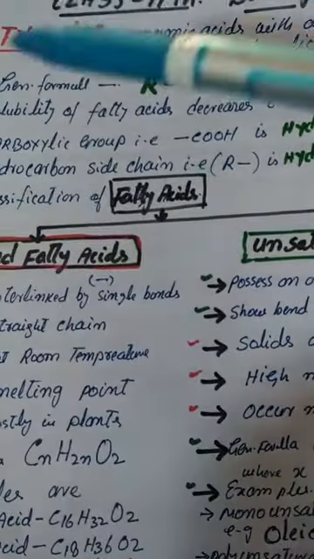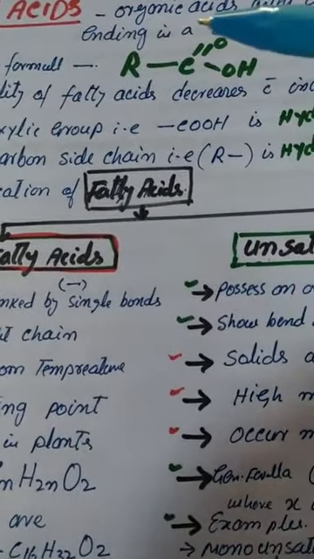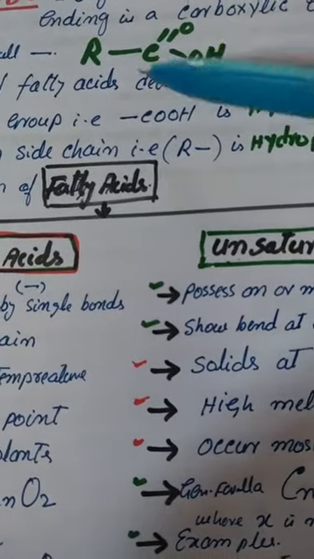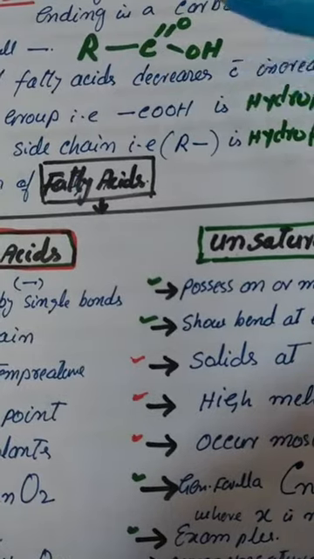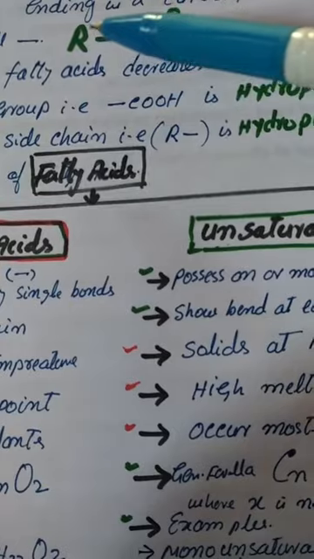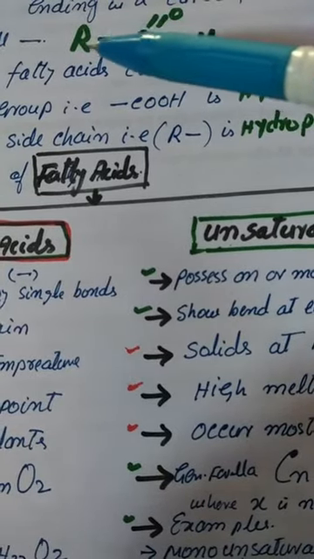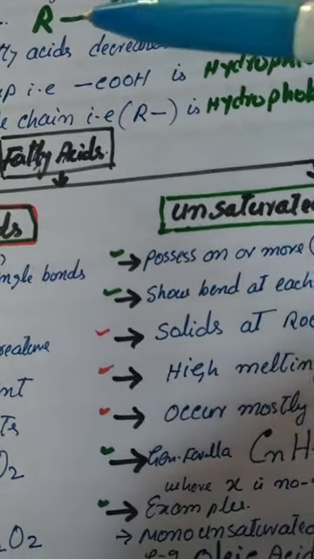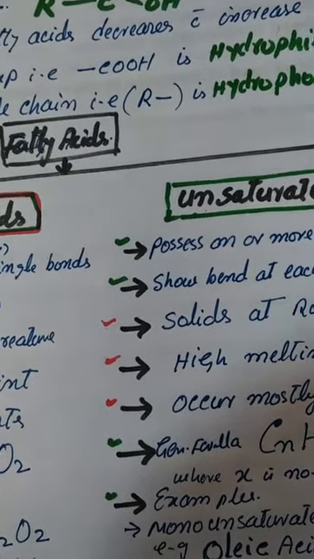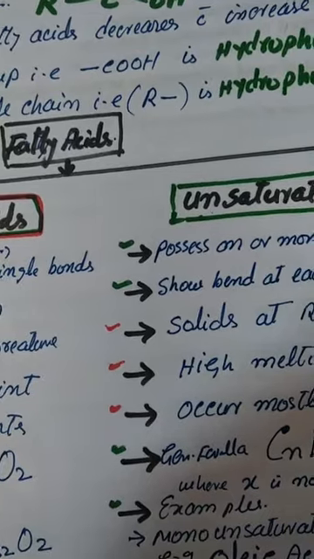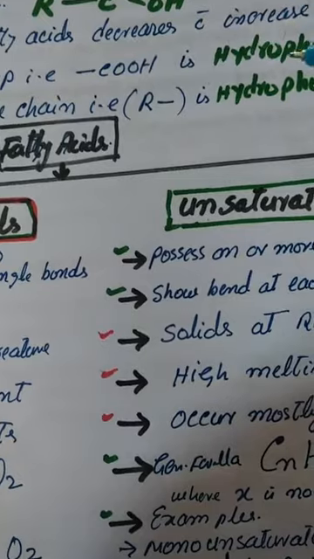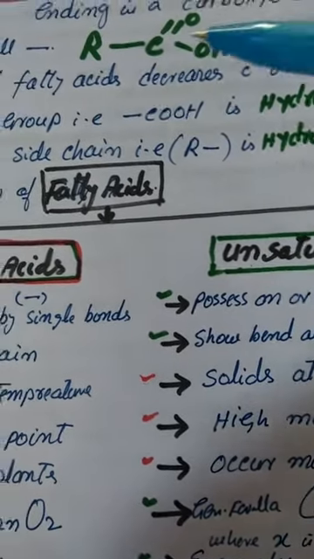And the general formula of a fatty acid may be represented as RCOOH, where COOH is the carboxylic group and this R represents the side chain, which is made up of 2 to 19 carbon atoms. Now, one thing you must remember here is that the solubility of fatty acids in water decreases with increase in the length of the hydrocarbon chain, that is the side chain R.